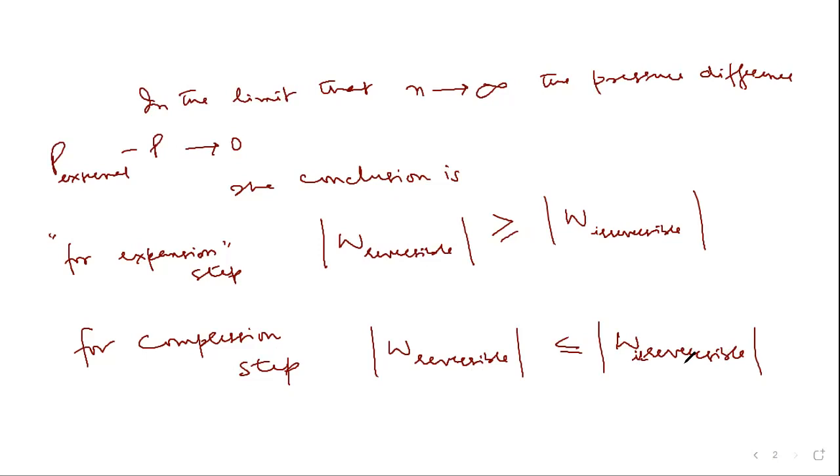So the reversible work is the lower bound for the compression work, right? And the upper bound for the expansion work, right? What am I saying?